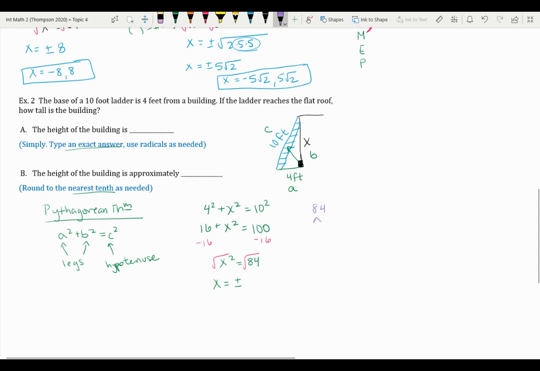All right. We take the square root of 64. Let's see, I'm going to use 4 and 21. 4 breaks down to 2 times 2, and 21 breaks down to 3 times 7. So I have 2 times 2 times 3 times 7.